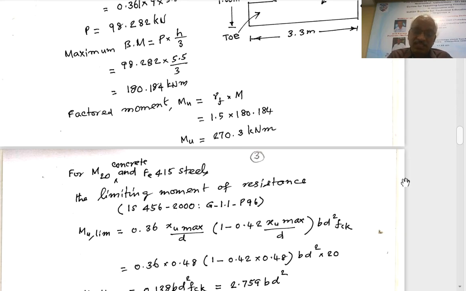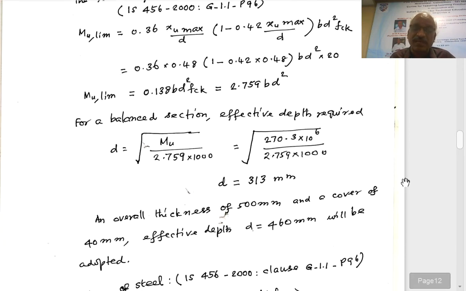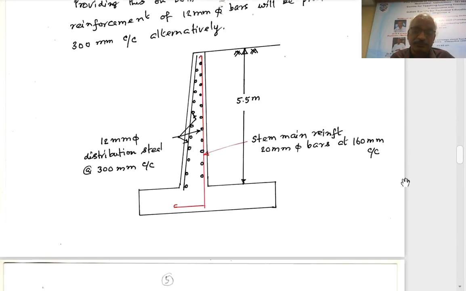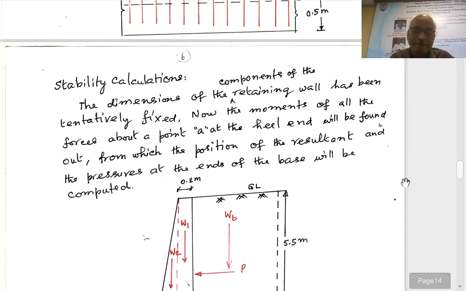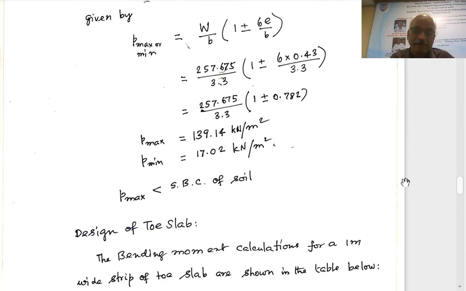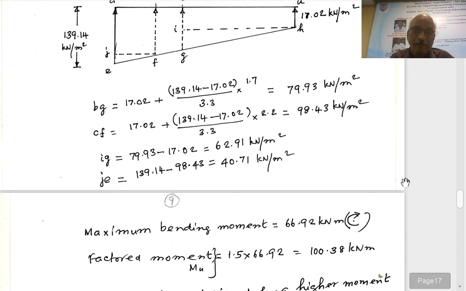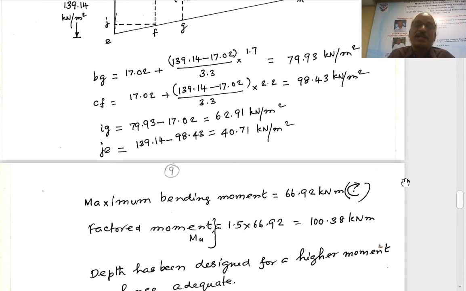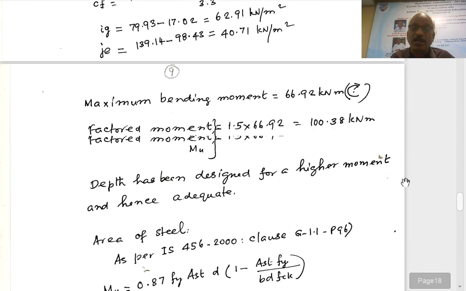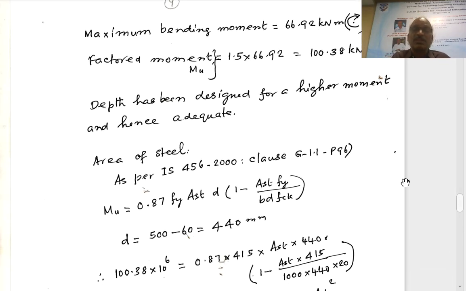So even for this moment, the thickness requirement is around 333 mm only. So generally, we will keep the thickness of the base slab as that of the bottom thickness of the stem. So the bottom thickness of stem is designed for a moment of 270.3. So compared to 270.3, this value is only 100.38, roughly 1/3 of that value.